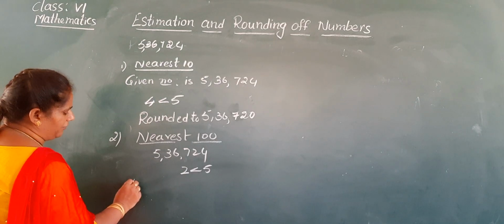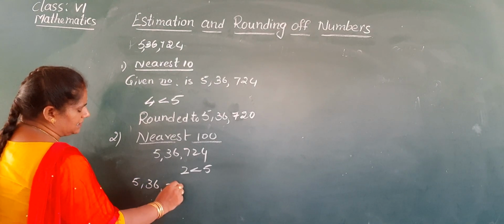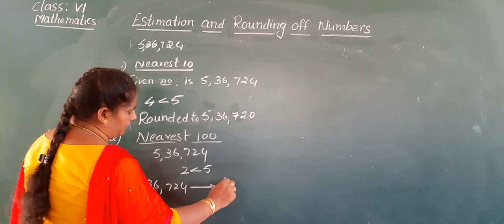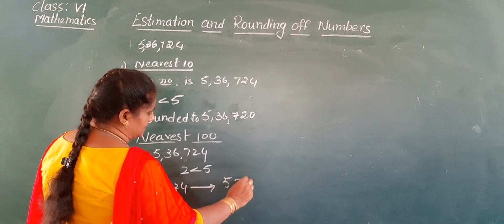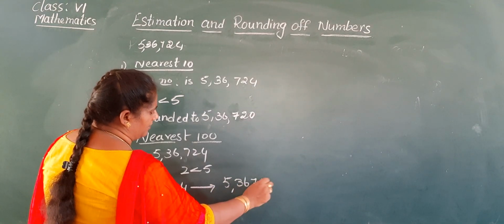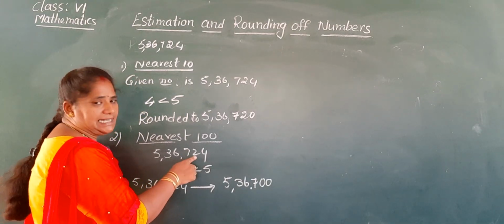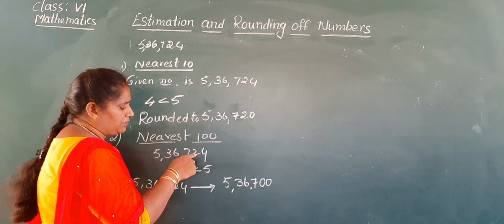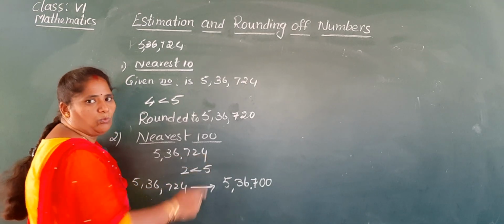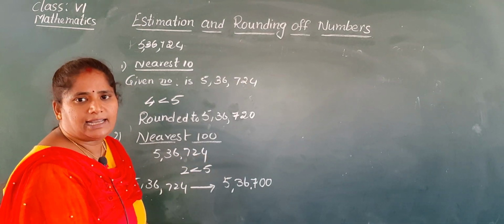So 5,36,724 is rounded off to 5,36,700. The hundreds place is not changed, Nana. Why? Because it is less than 5 and we keep zeros in the tens place and ones place. Okay, ma? Is it clear to you?